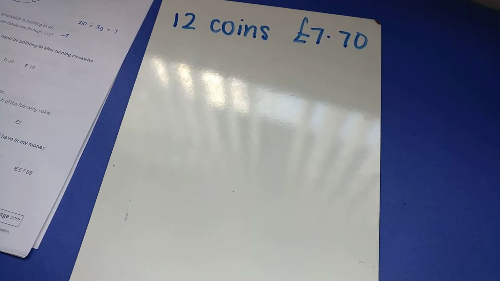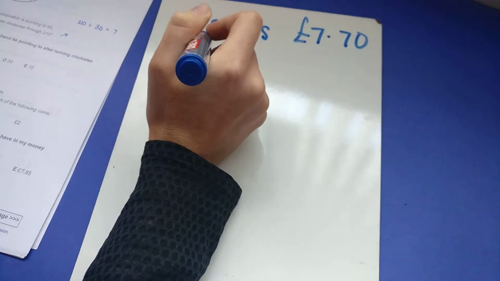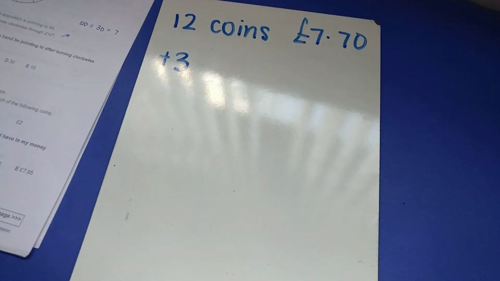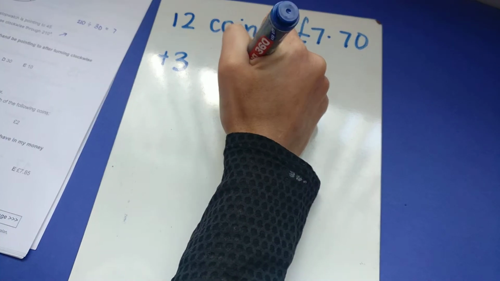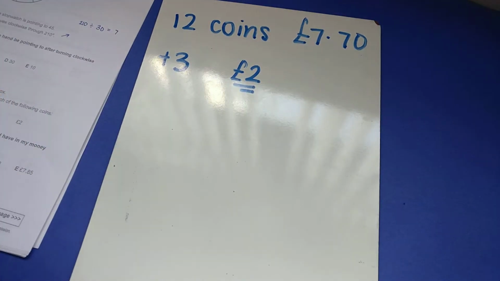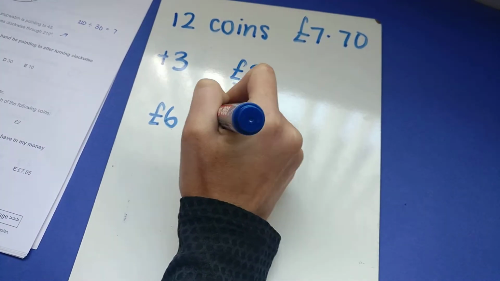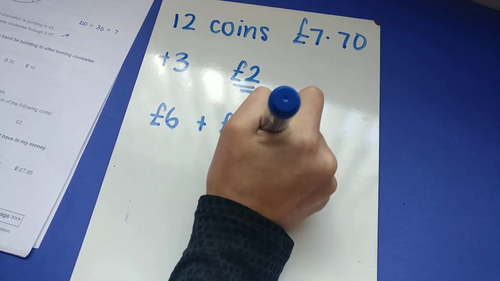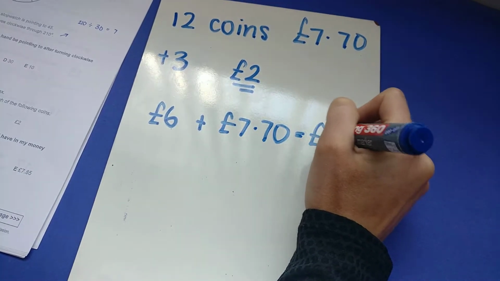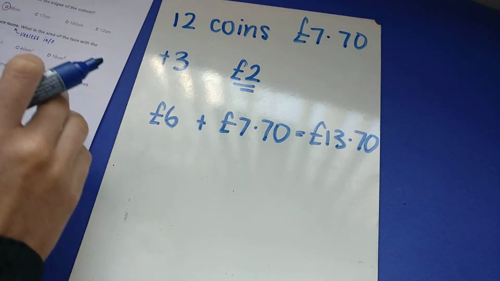So that means that therefore we have 3 extra coins and we want to have the greatest value. So we're going to choose the 2-pound coins. So we're going to add 3 2-pound coins. 3 times 2 is going to give us £6. So £6 plus the 7.70 is going to give us 13.70. Okay? That's how we'd work that question out.